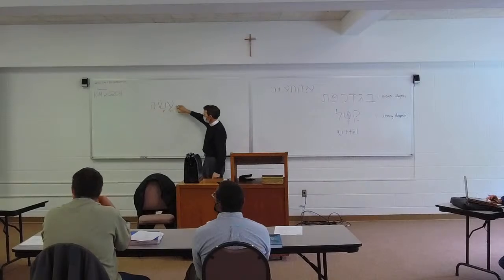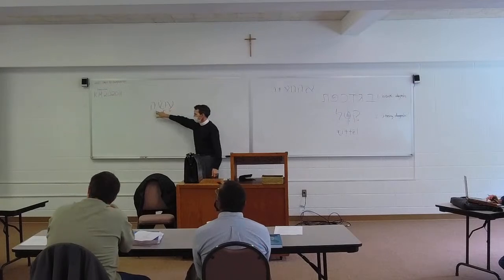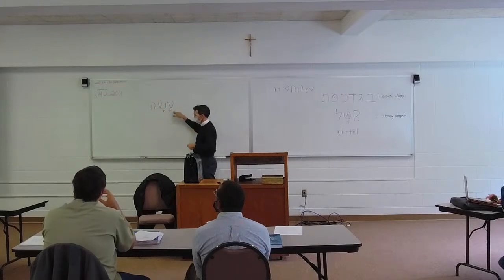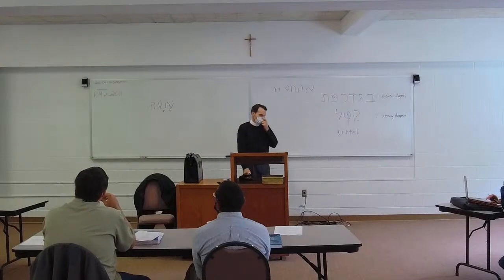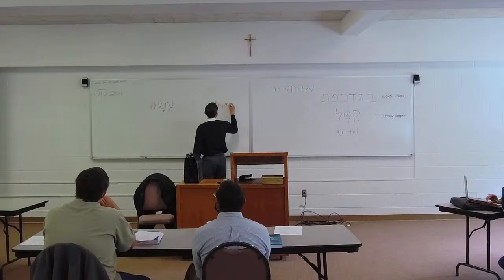So that's silent, and then on the end. And the accent's on the last syllable, excuse me. So this is pronounced asa. Repeat after me, asa. Asa. Asa is a verb, and it means to do or make.